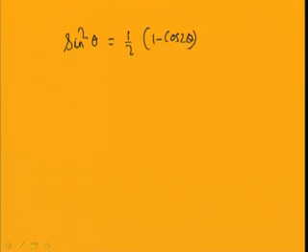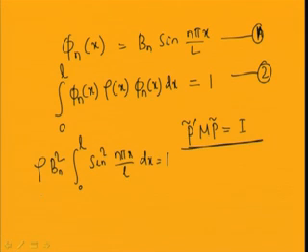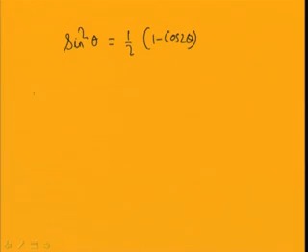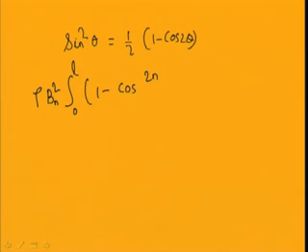So this integration can be found this way: rho B n square times half integral 0 to L of 1 minus cos 2 n pi x by L dx.